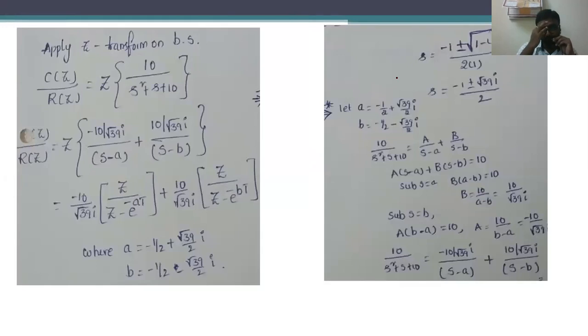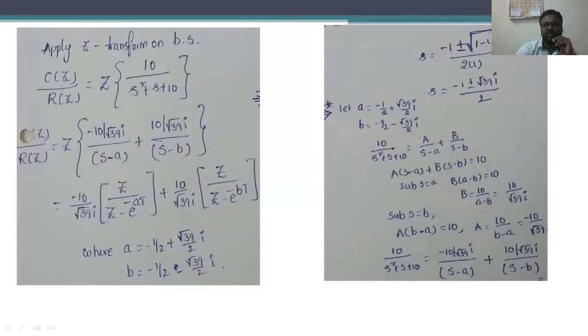So this is the calculation for the right hand side. The roots are complex roots, that is s is equal to -1 plus or minus root of 39 i divided by 2. So take the positive value as a and the negative value as b.